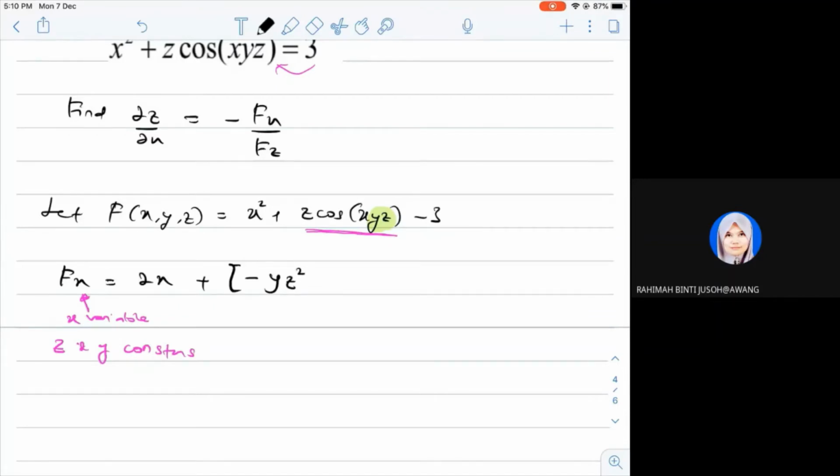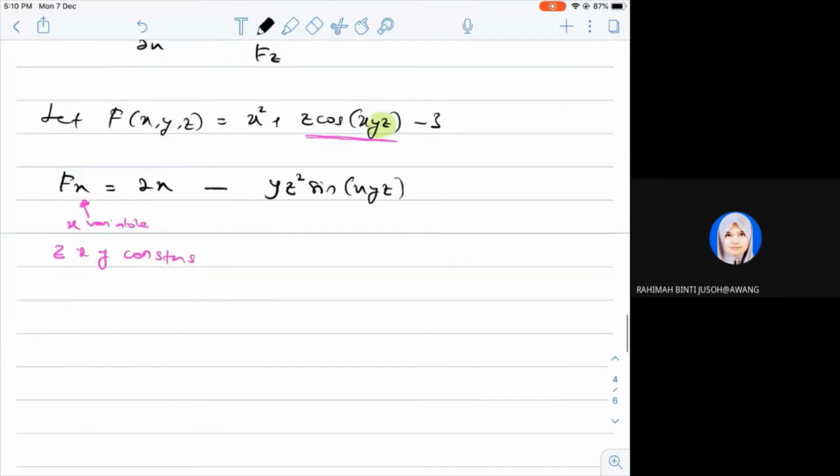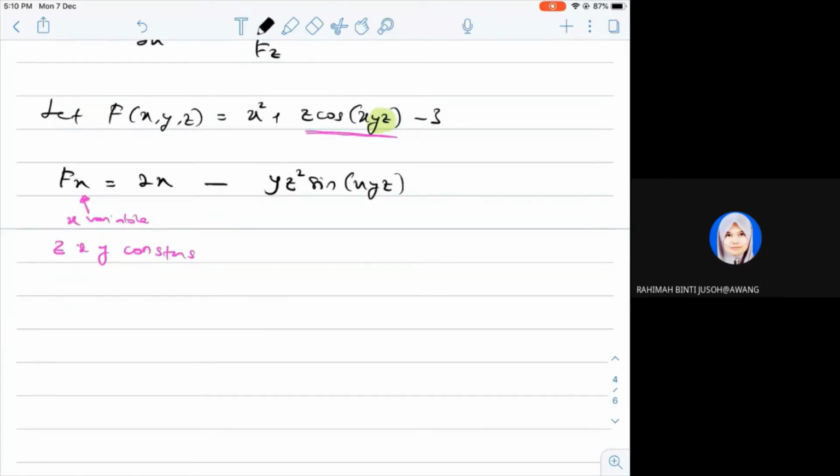Okay, in differentiate cos, we get sine now, of course. So sine xyz. Okay, so yang ni saya boleh padam. Dia akan jadi negatif lah. Macam tu. 2x minus yz squared sine xyz. Okay, how about negative 3? We get 0 lah.